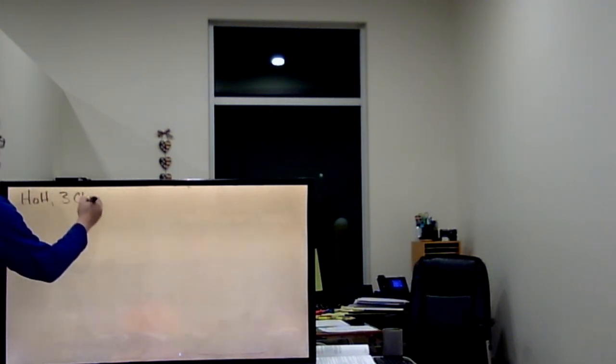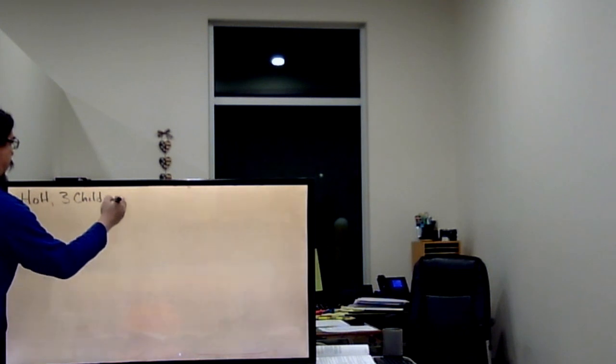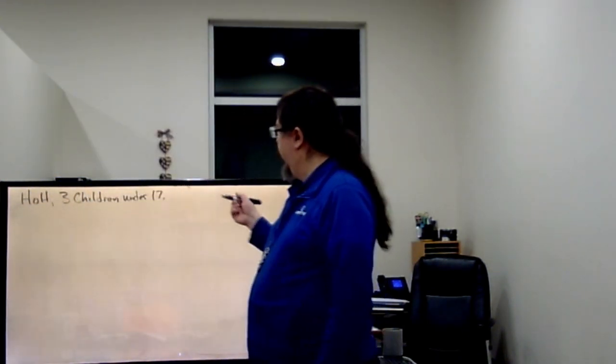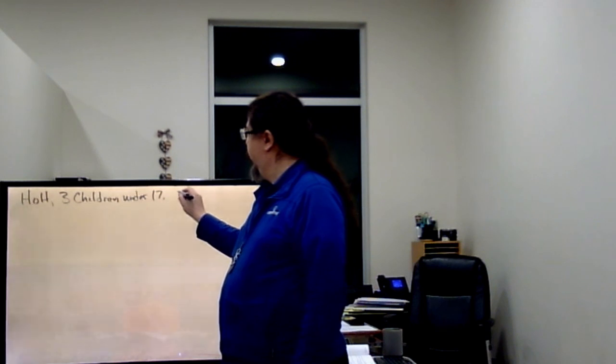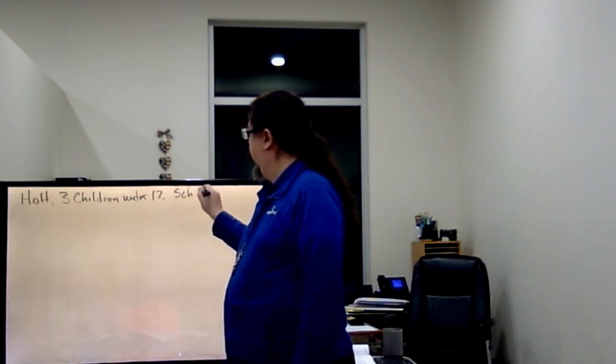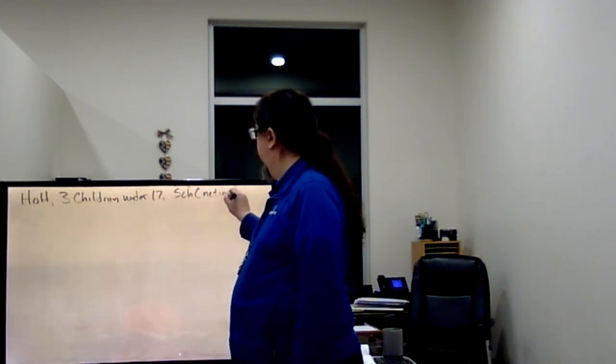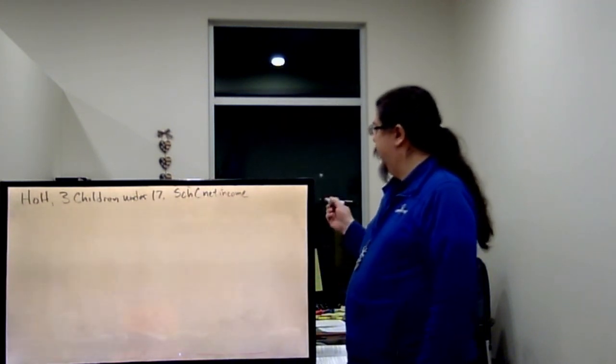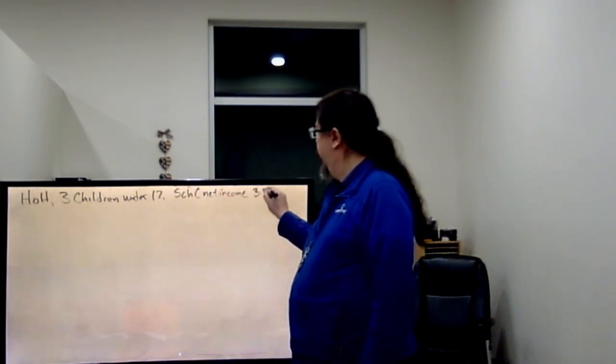How many children do we want this person to have? Three children, let's say all under 17. And then their only income is, let's say, $30,000.